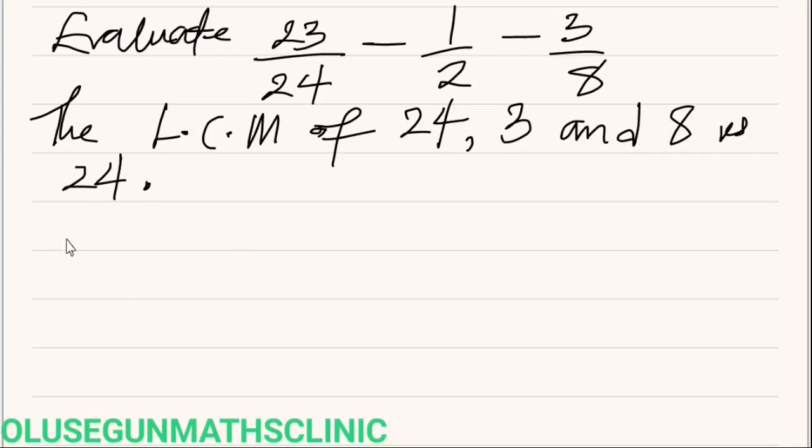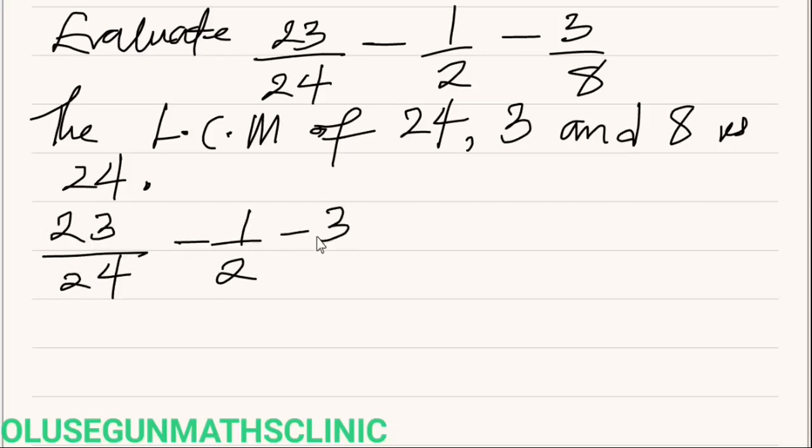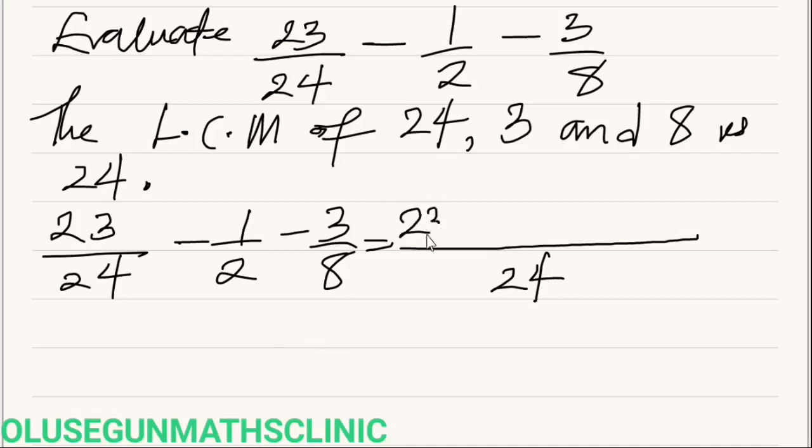So now let's try to analyze how it works. 23 over 24 minus 1 over 2 minus 3 over 8 will now be, with 24 as the lowest common multiple, 23 onto 1, because 24 divided by 24 will give you 1, minus 1 onto this, 2 divided into 24 will give us 12.